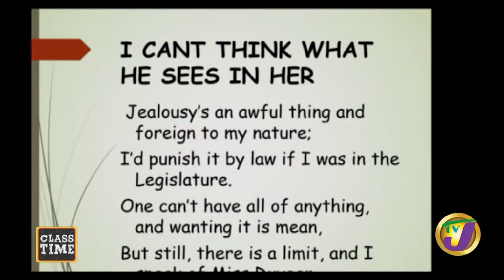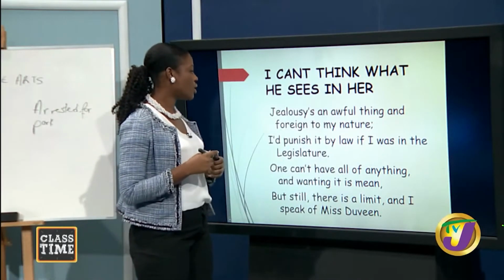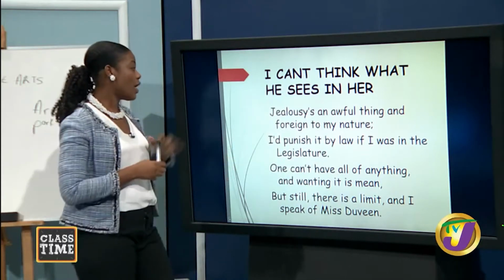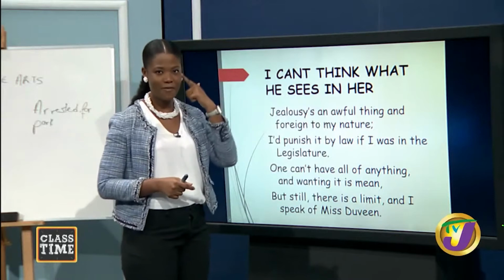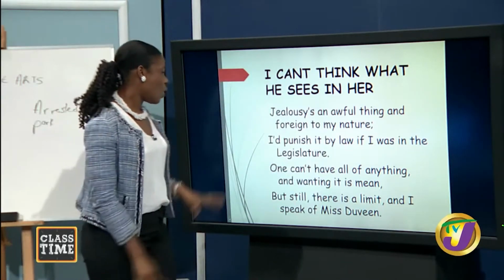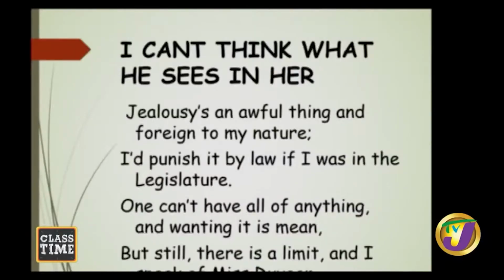And there are some areas of it that could be psychological, because you are talking about allowing someone to go through something, because if they are being punished, it's going to affect their mind. It's going to affect their mentality. One can't have all of everything, and wanting it is mean. We could also think on the area that is called moral for that aspect as well.